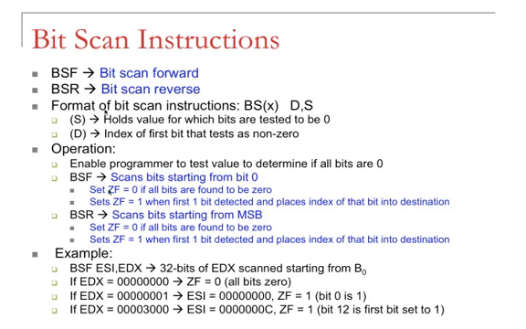One is to set the zero flag, depending on whether the source operand is a 0 or not. If it is a 0, the zero flag will be set to 1. If it's not 0, the zero flag will be 0, and the index of the first non-zero bit will be put into the destination operand.